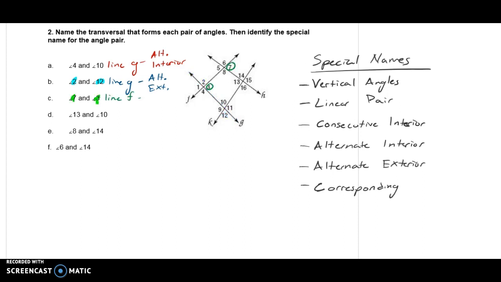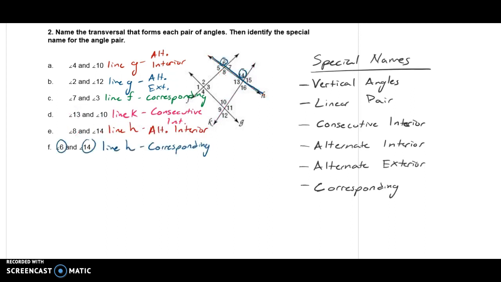It is line F, and these would be corresponding. The next one would be line K, and those are consecutive interior. Here's E. And here's F.